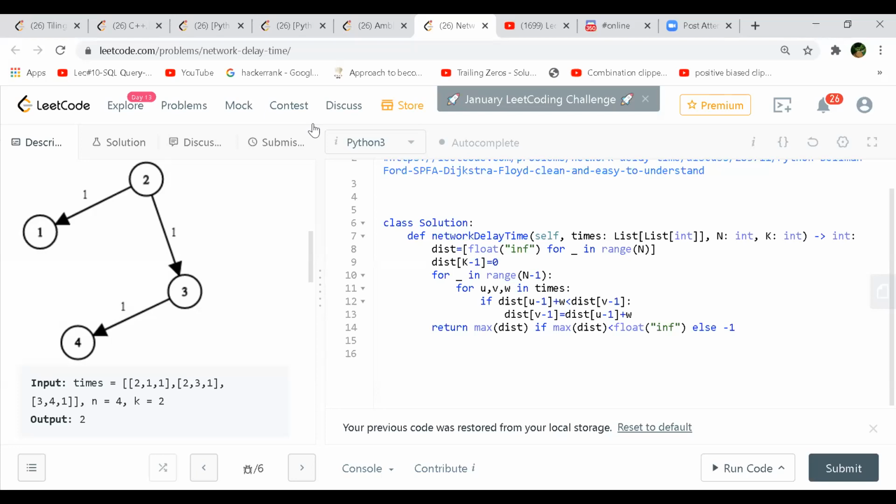When you come out of it, you go through that vector or array and find whichever is the maximum value and return it. So I think that way the DFS also should be fine, right? Even if the time complexity might be slightly more.